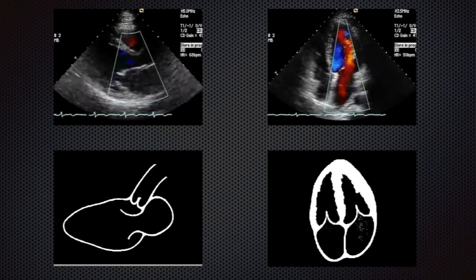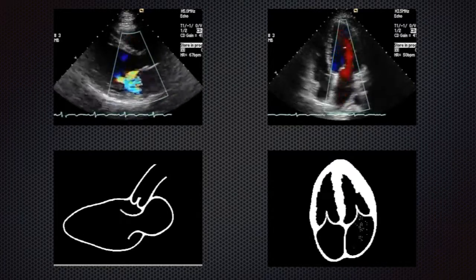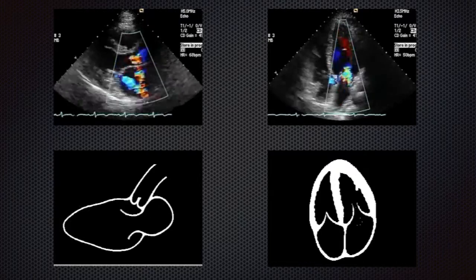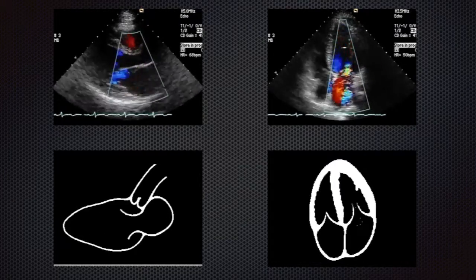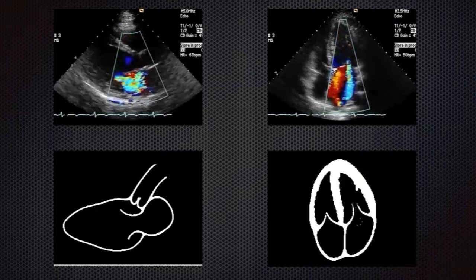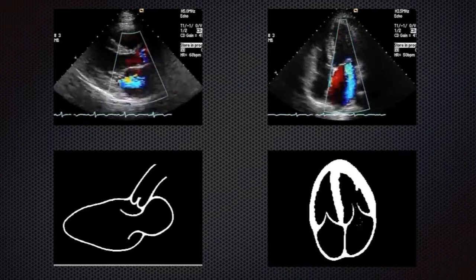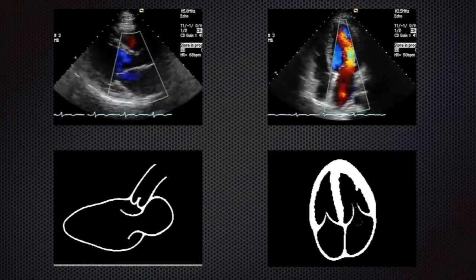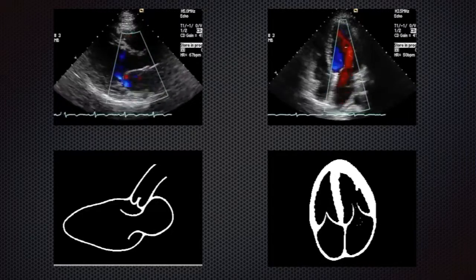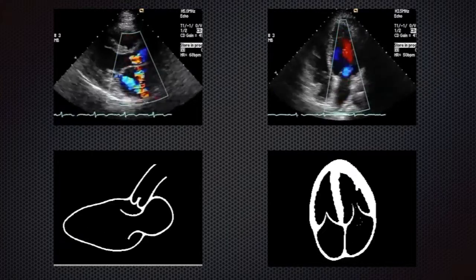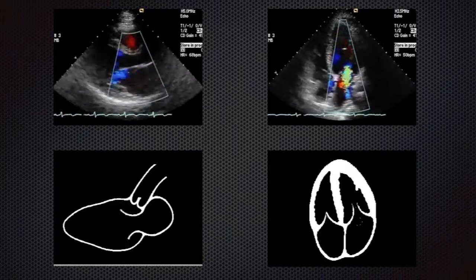So here's some images with colour Doppler on, and you can see the mitral valve on the top left image looks a little bit thickened, and there's a regurgitant jet during systole. And there's the apical 4-chamber view on the top right, and in this one you can see in the left atrium there is a blue and a red jet during systole.